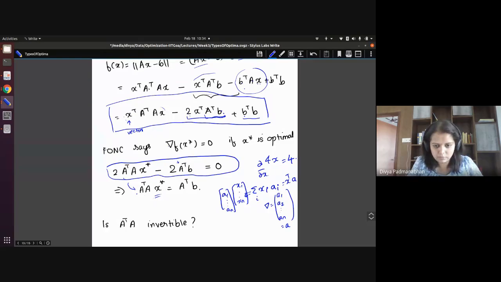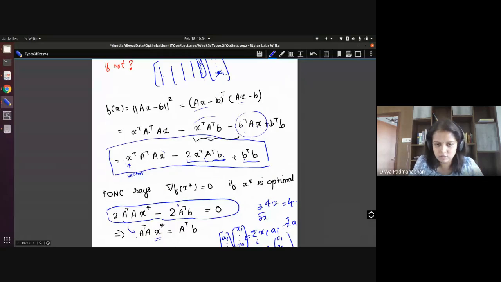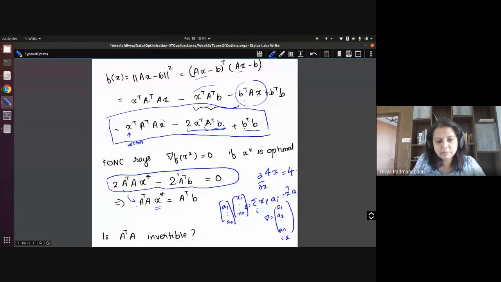I hope by now you have tried to get comfortable with these kinds of expressions, like X transpose AX, and taking the derivative of them. Somebody asked me after the class how to compute this gradient. Just remember that X transpose A transpose AX is of the form X transpose QX, where Q is a matrix.